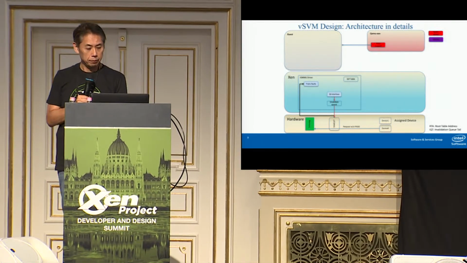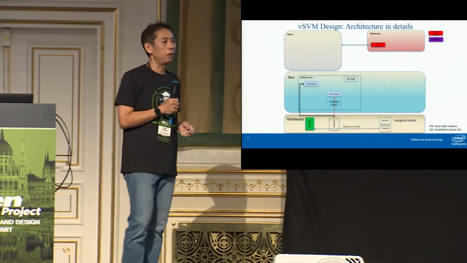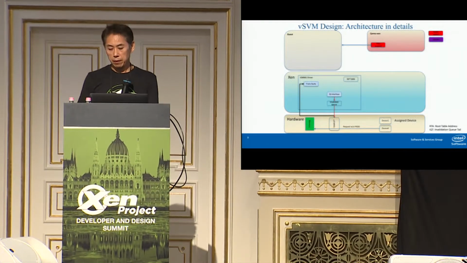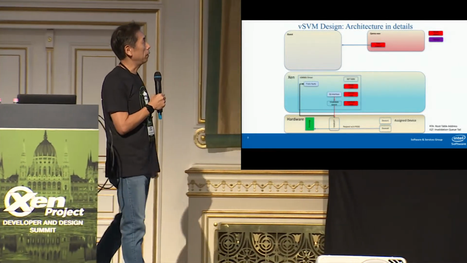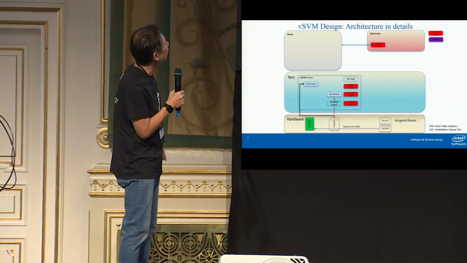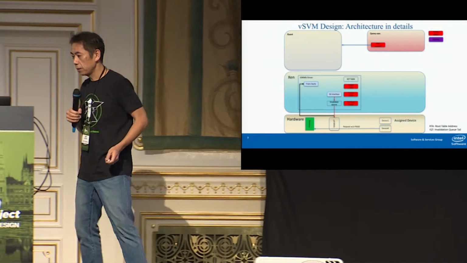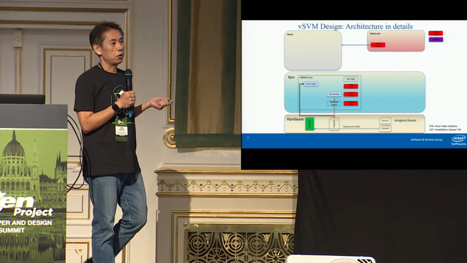And the fourth thing is, like I said, we need to extend QEMU to expose PCI Express features, okay? It's hard to see, but these are page request or SVM features, okay?